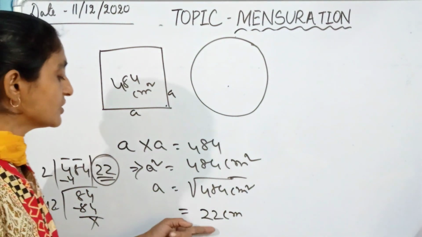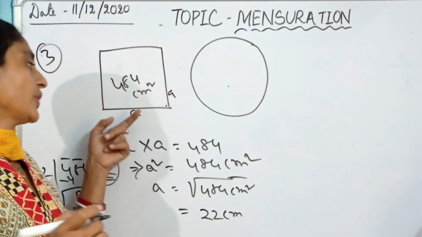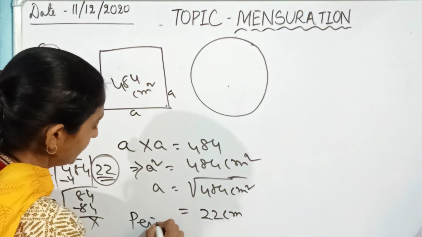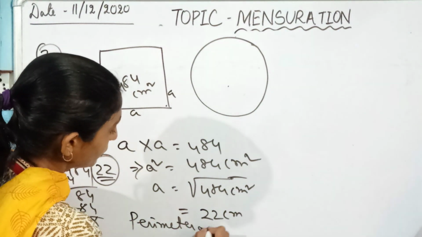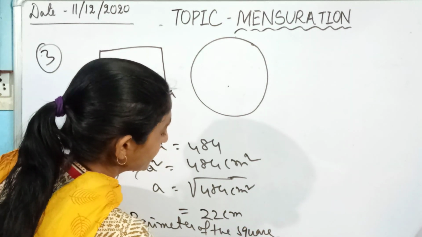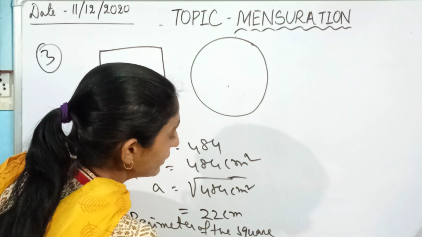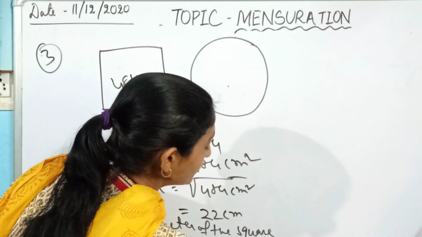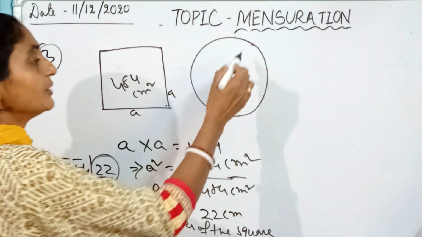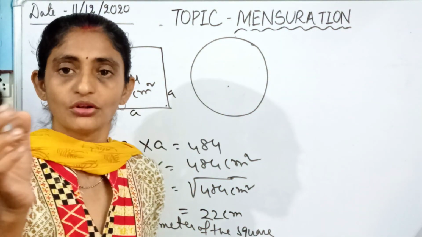So if this is the side of the square, what will be the perimeter of the square? The perimeter of the square is equal to 4 into side, which gives 88 centimeter. So what will be the same in this case? The circumference of the circle will also be the same.